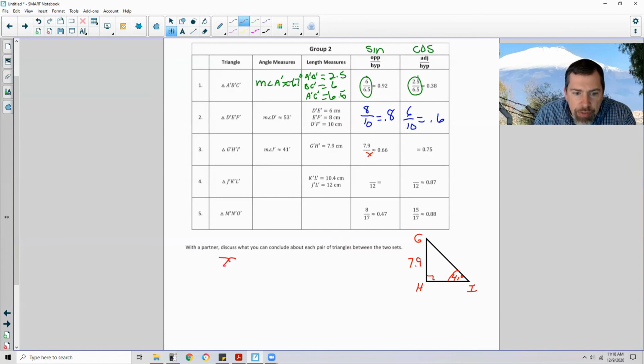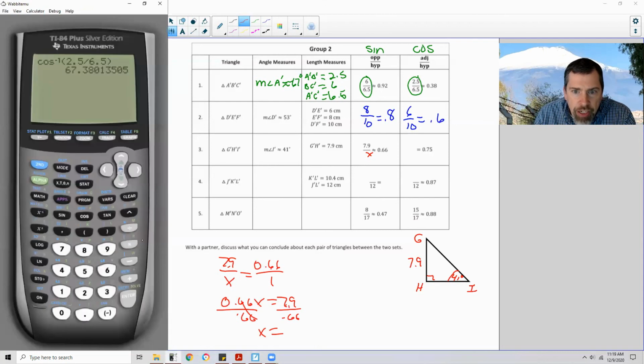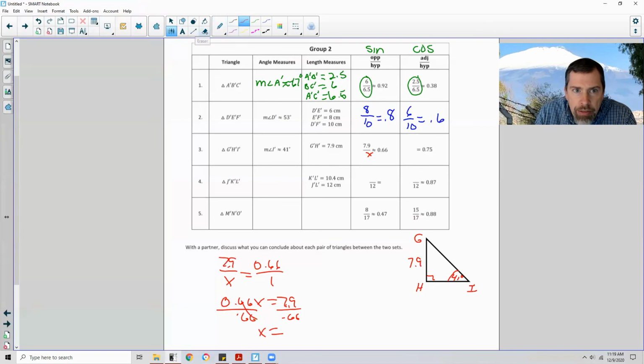So if I have 7.9 over X equals 0.66 over 1, and I cross multiply, I get 0.66 X equals 7.9, and I divide by 0.66, and I get my X. I forgot my decimals here. 7.9 divided by 0.66 equals 11.97. Okay, so there's my X.